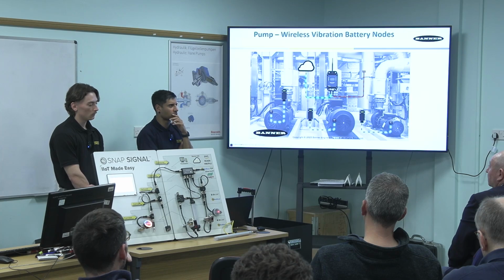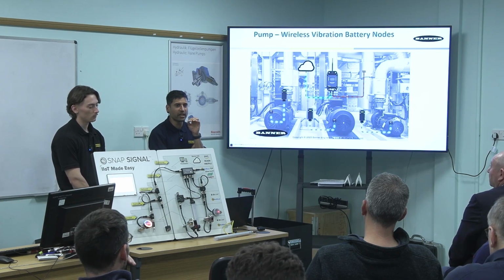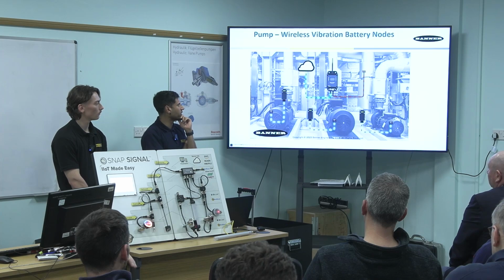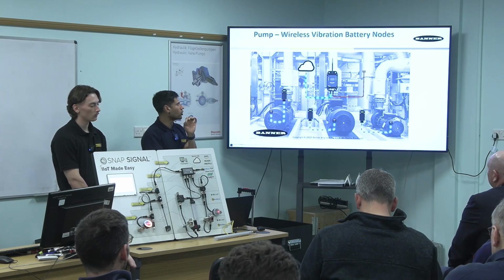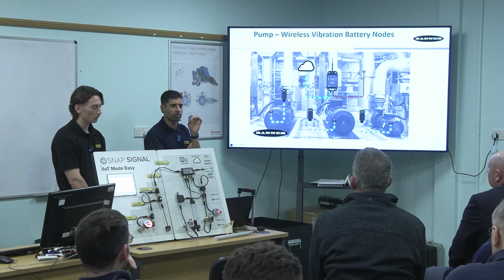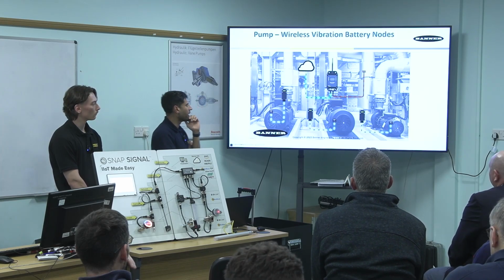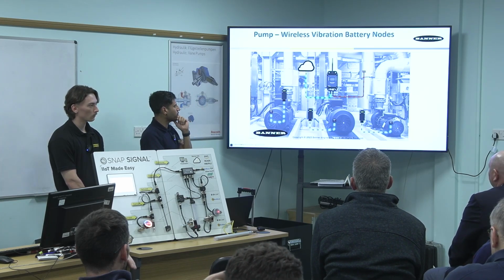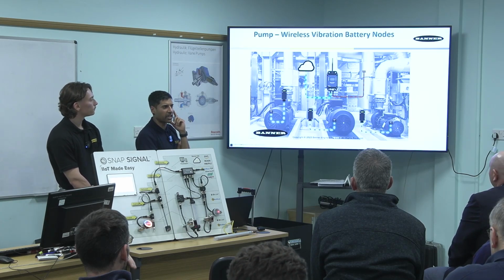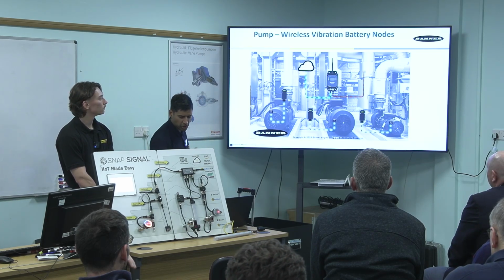So you're looking at potentially 5 to 7 years out of the battery if you're polling it within that time period. But if you're looking to poll the data every second, then obviously you're going to use up more battery life doing that. But it's quite a powerful bit of kit, especially if it's really difficult to install cabling on your machines.